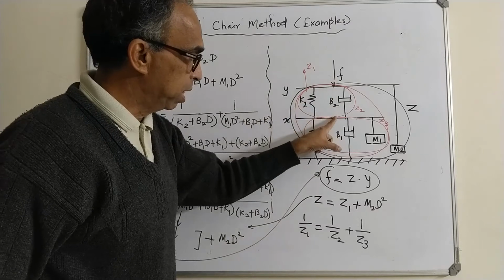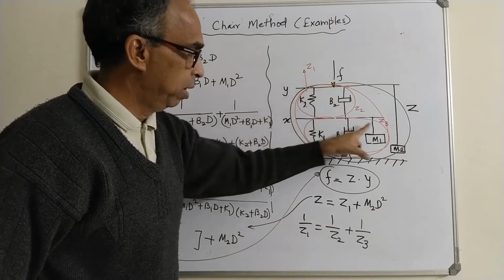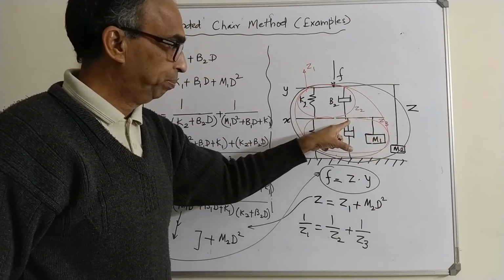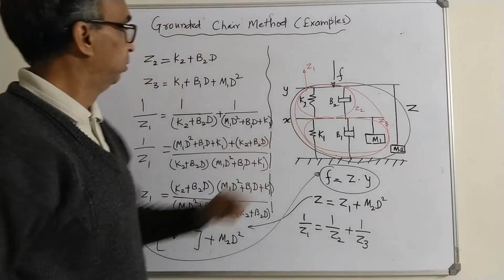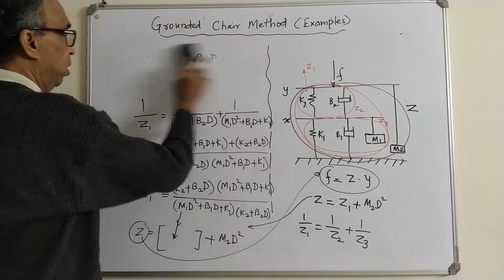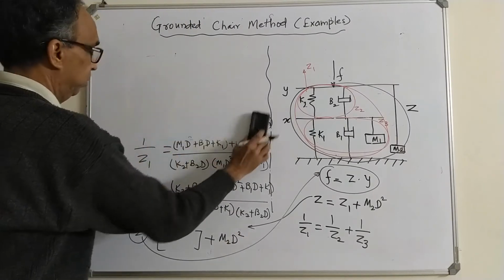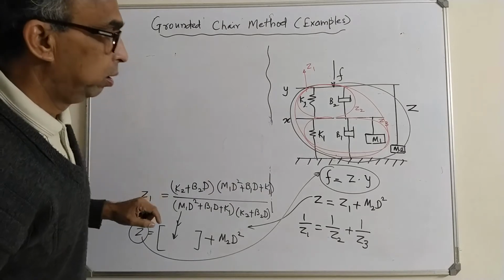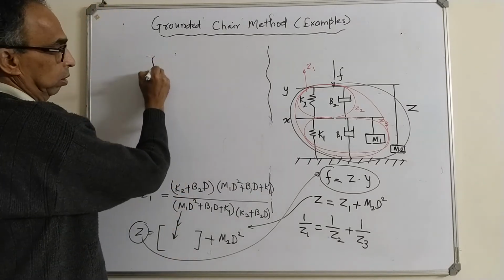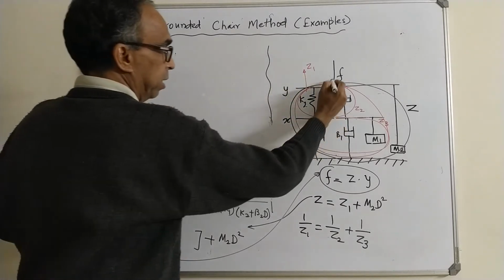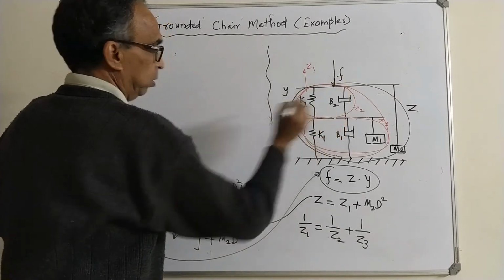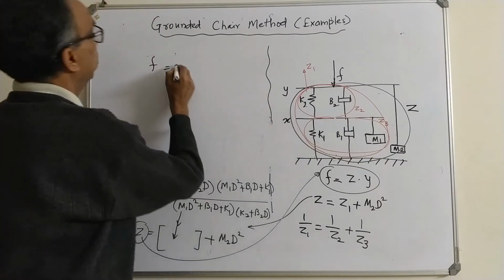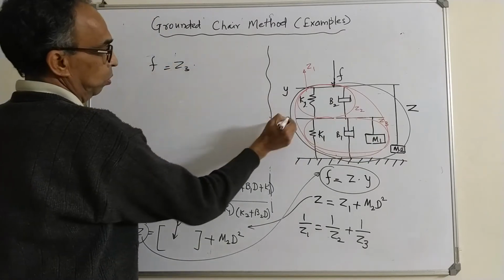The same F will be transmitted here. F will be Z3 into X.